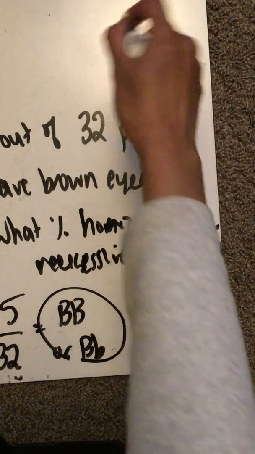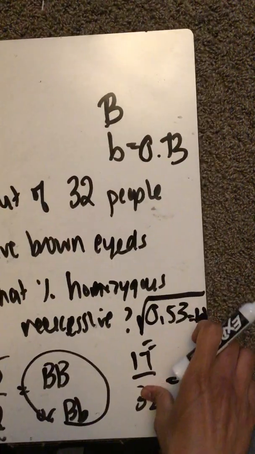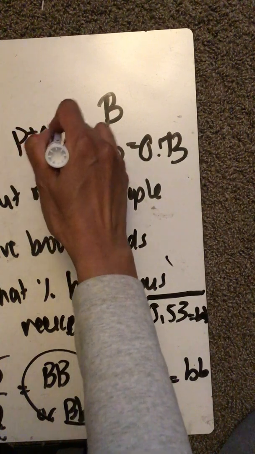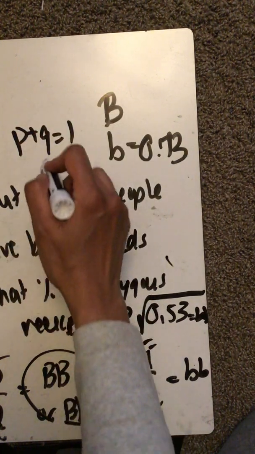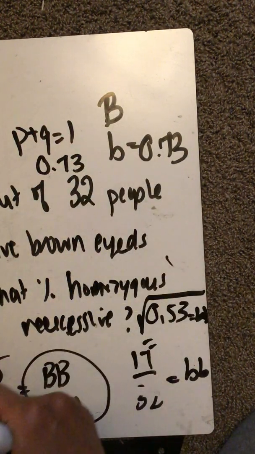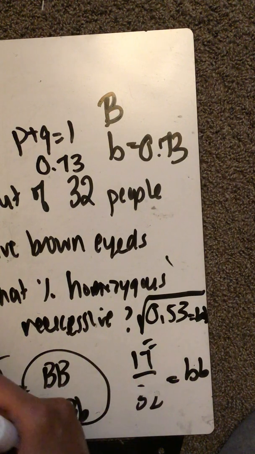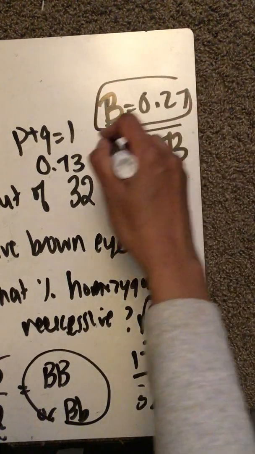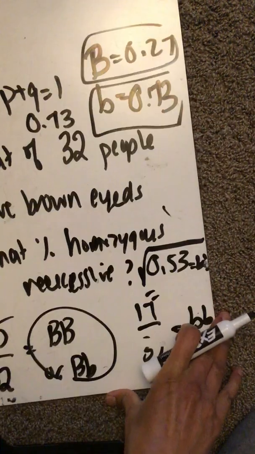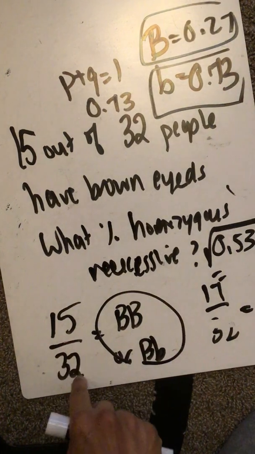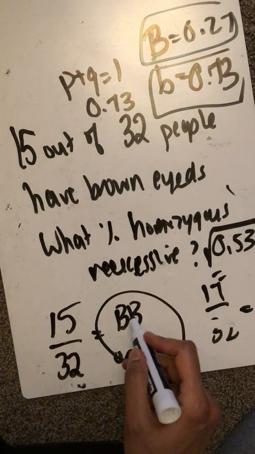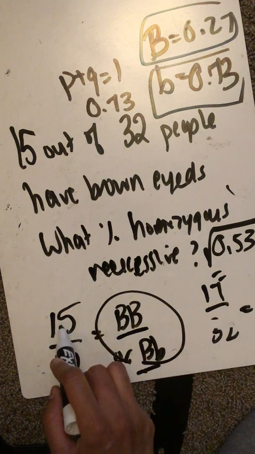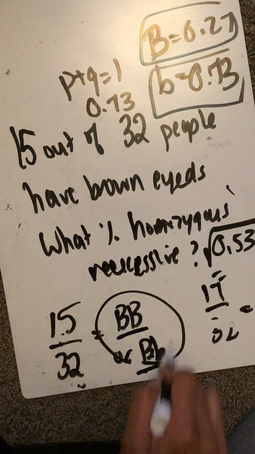That means I now can solve for big B. If little b is 0.73, then since p plus q is equal to 1, 1 minus 0.73 gives me 0.27. Now I have the individual allele frequency. You can't square root this number because you don't know what percentage are this. You don't know how many of the 15 are big B, big B, or how many are big B, little b.